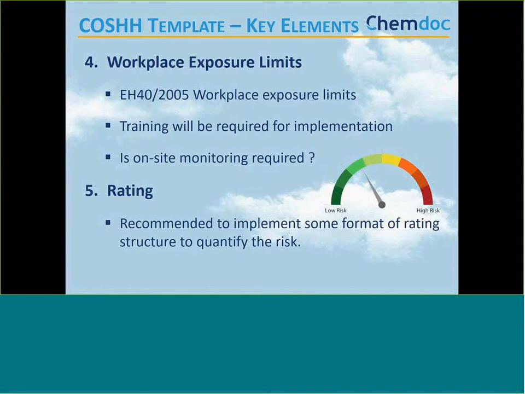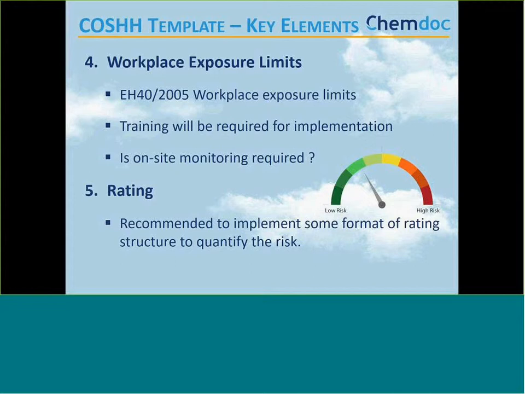It's a part that we strongly recommend putting into your template: at the end of your assessment, as you've gone through the quantities used, the hazards of the product, etc., you come up with some kind of rating system to say this is a high-risk process, this is a low-risk process, or this is somewhere in between. So something that your staff can quickly understand and be aware of from the very start.